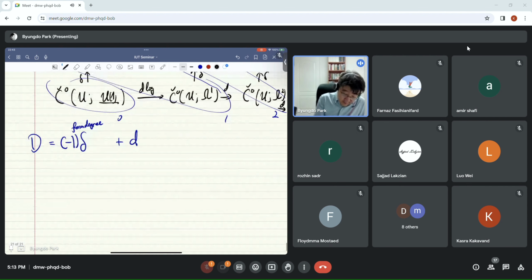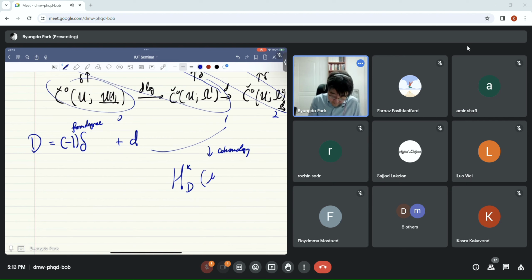So then this total complex with this D, you take cohomology. And that is the cohomology. Actually, I should say on open cover U.